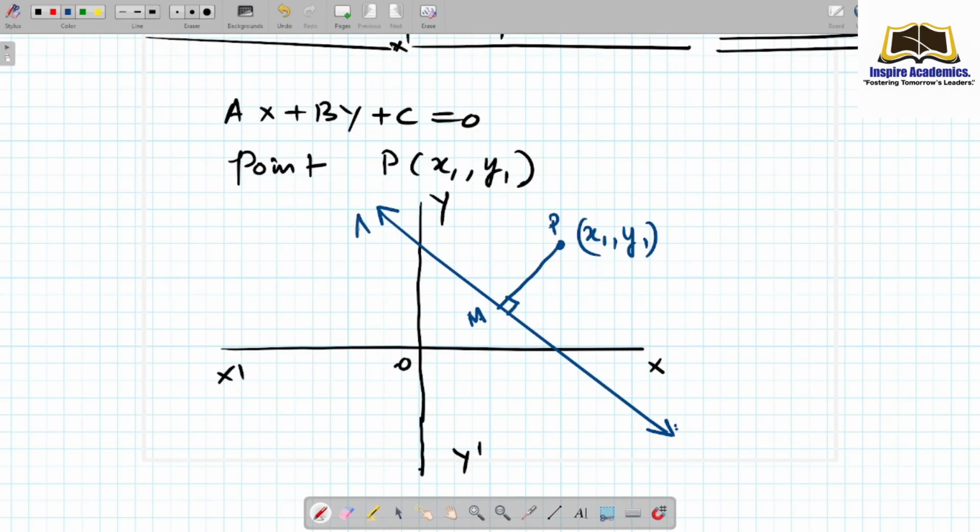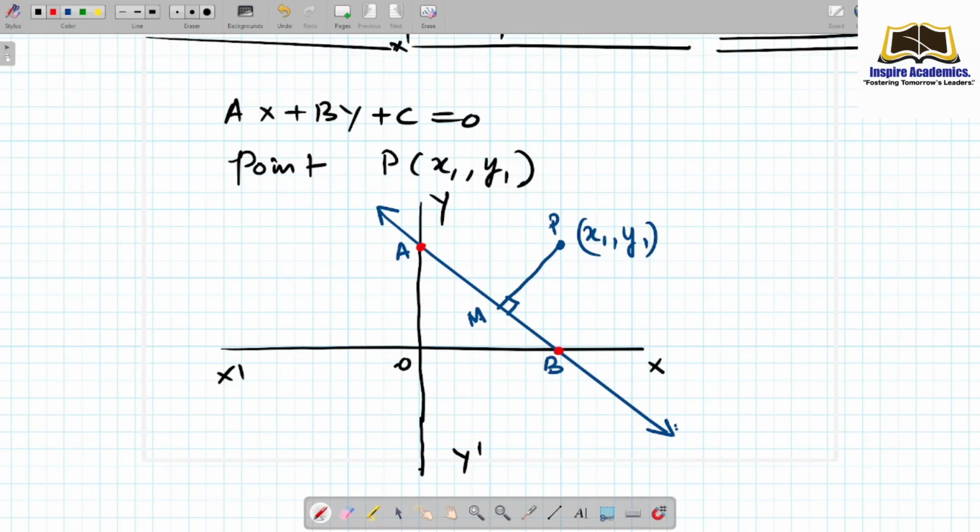We can call this existing line AB. Let us say this is A, this is B, which are the points where it intersects the x-axis and y-axis.